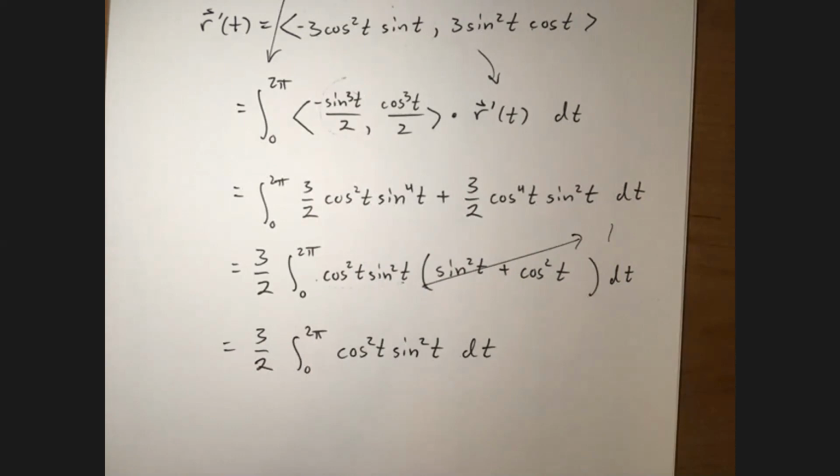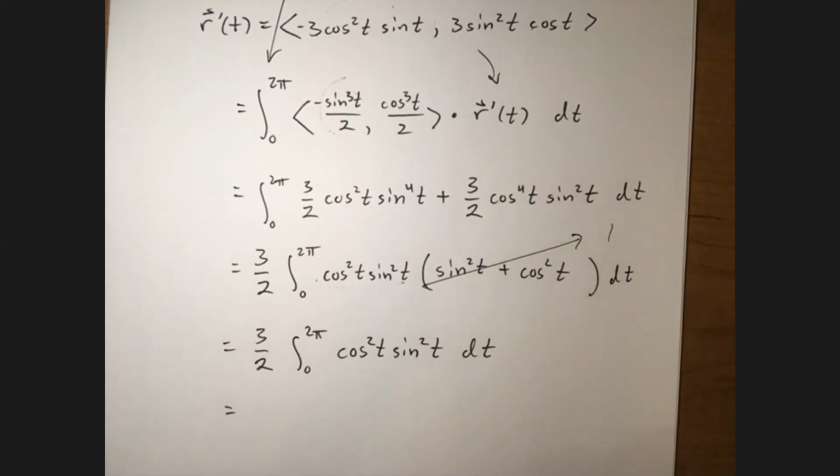Let's see here. This one, I'm not sure what to do next. I think we'd have to start trying different things here. Integration by parts might be useful. Trig identities might be useful.